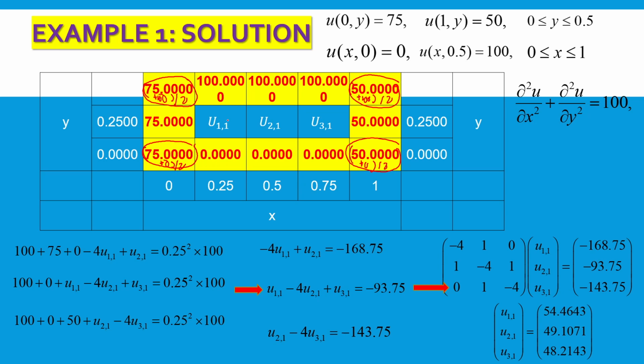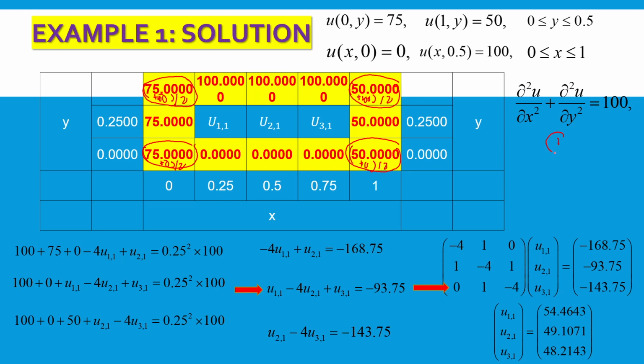Then after filling in the boundary condition, in this example you just need to solve u11, u21, u31, three unknowns. Then you have three linear equations. So to get the linear equations, you apply your 5-point formula for the Poisson equation.